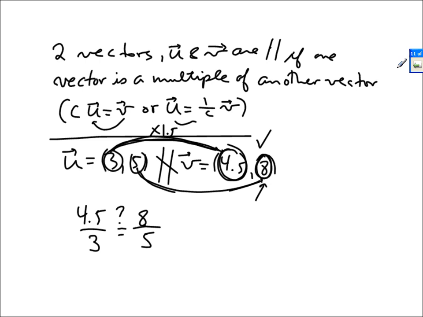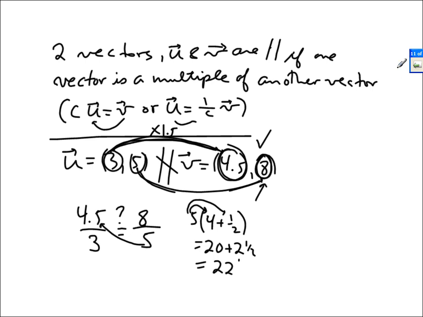Now, if you have a command of math, when you multiply 5 by 4.5, you're going to get a whole number 20, and then you're going to get 2.5. You're going to get 20 plus 2.5.